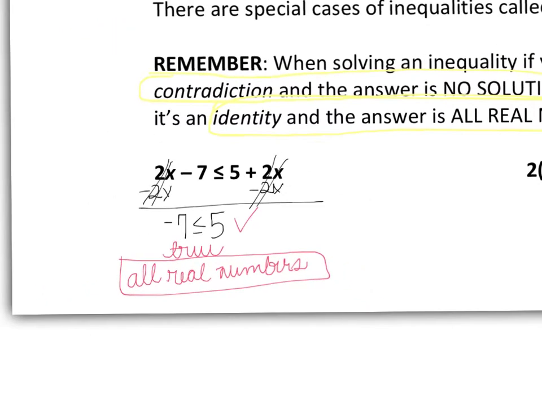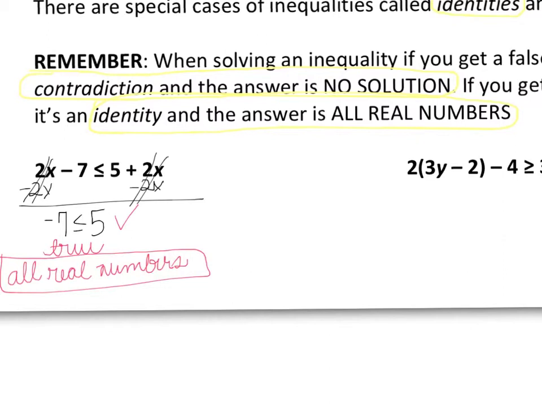Now, we can still actually graph a solution of all real numbers. Can anyone think of what we might be able to do? How could we show on the number line all real numbers? Let's say if we start with 0.